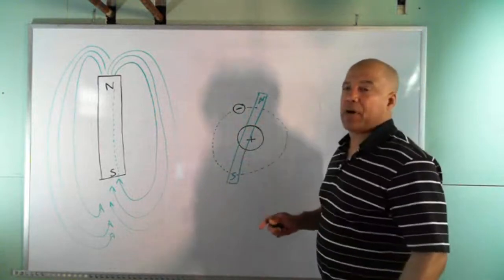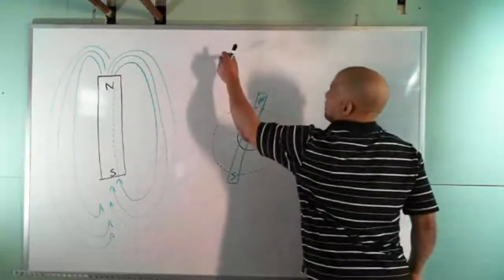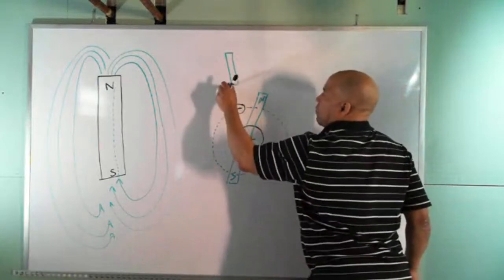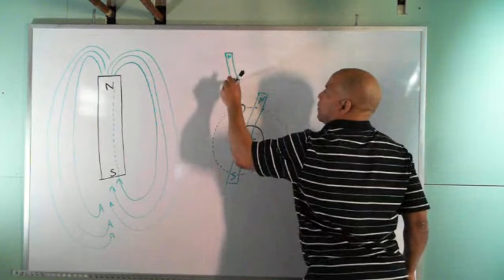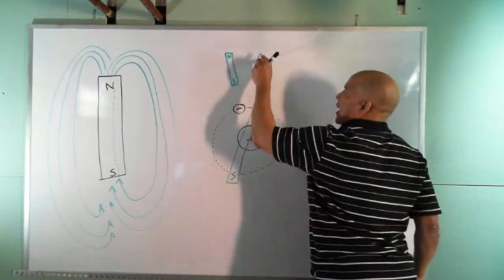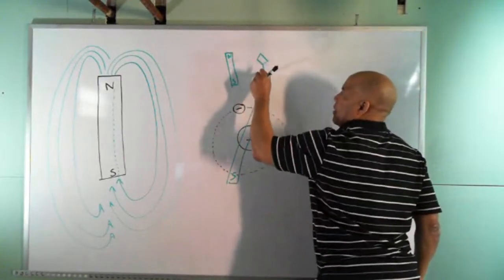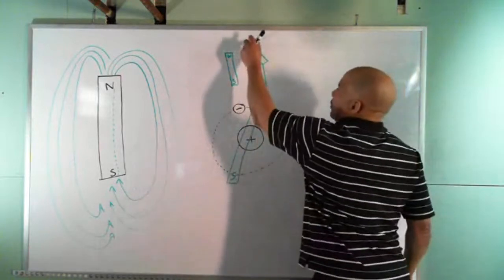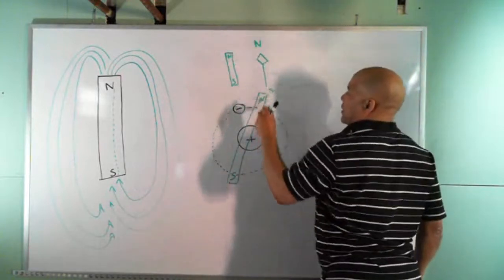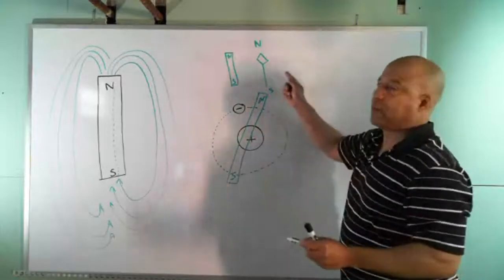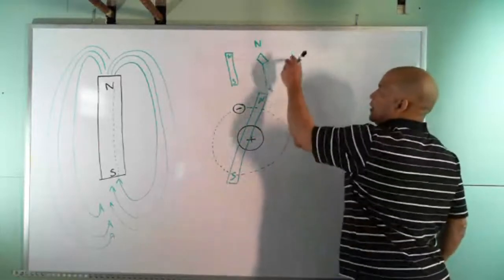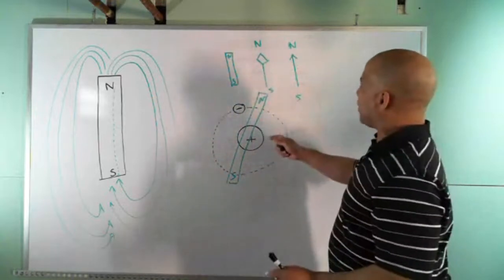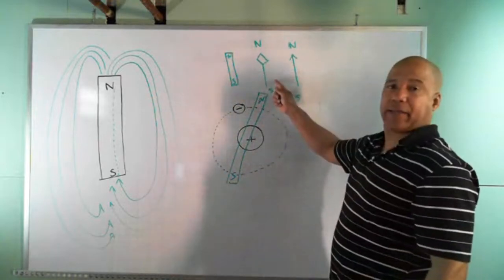Now, it's typical in books to draw this little microscopic magnet schematically like this, a little diamond and then a little line like that. This diamond represents the North Pole and this represents the South Pole. And when I draw this, I just draw an arrow because I'm lazy. I draw it like this, and that represents the north and south. So I'm saying any atom can be thought about as a little tiny bar magnet.